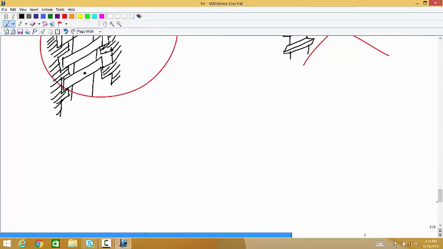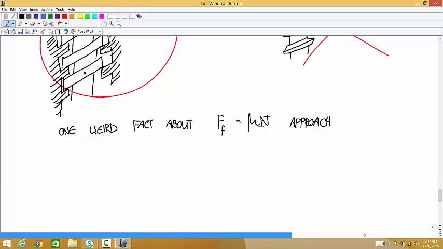So remember, one thing about friction, it's sort of a surprising fact. It's not totally true, but this is how we do the calculation. The force of friction is equal to the coefficient times the normal force, and the surface area of contact doesn't come into that equation anywhere.